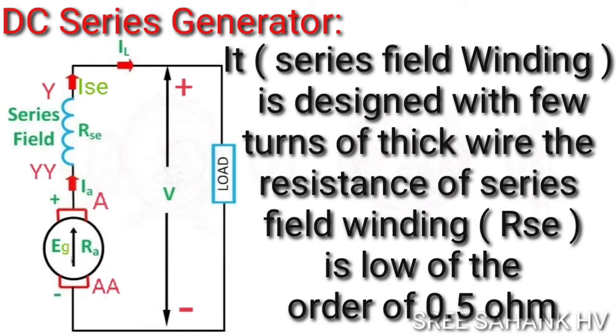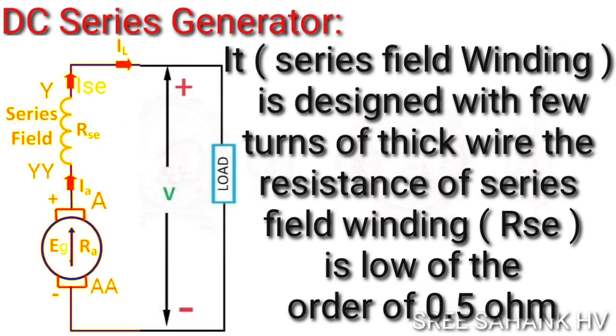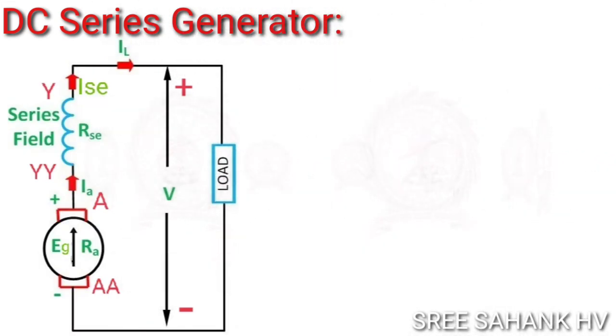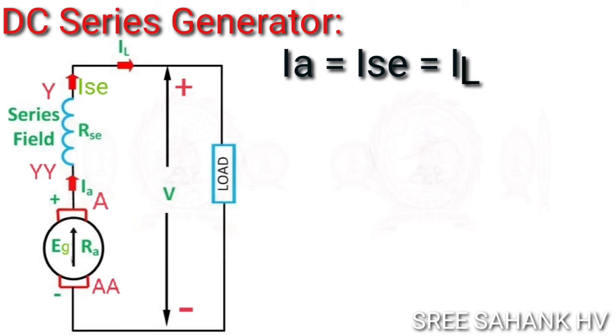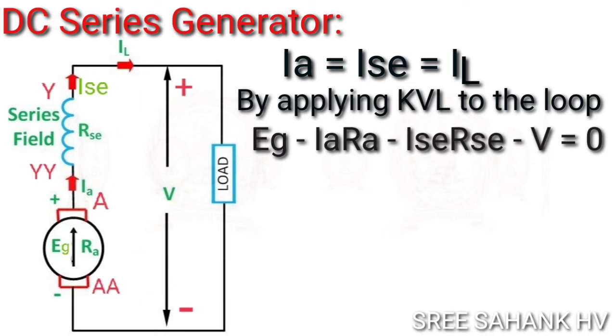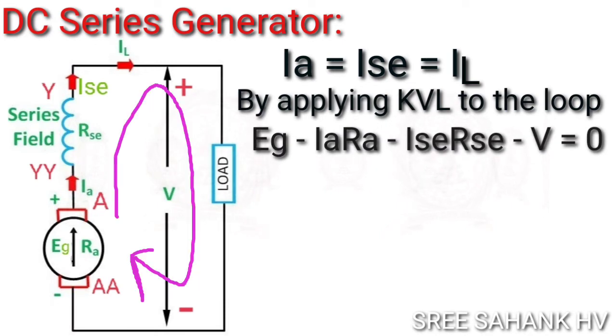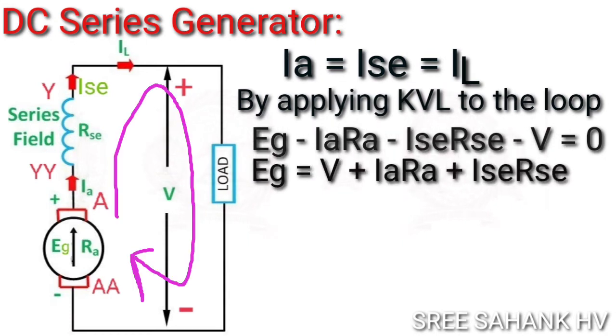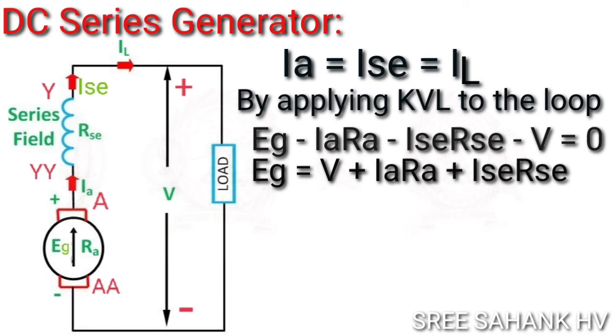Now we will see current and voltage equations of DC series generator. Here IA is equal to ISC is equal to IL because current flows in the same direction. By applying KVL to this loop, we get EG minus IARA minus ISC RSC minus V is equal to 0. So EG is equal to V plus IARA plus ISC RSC.